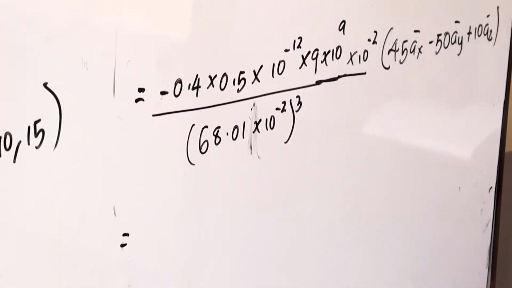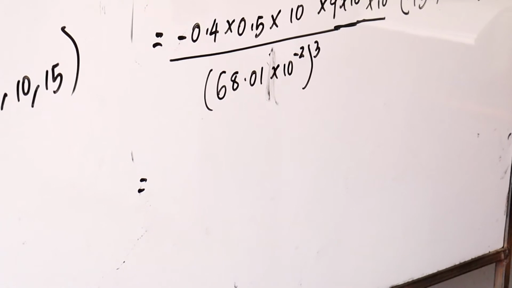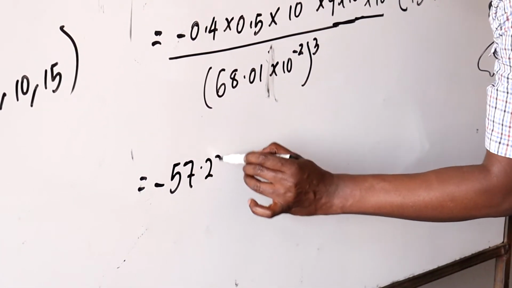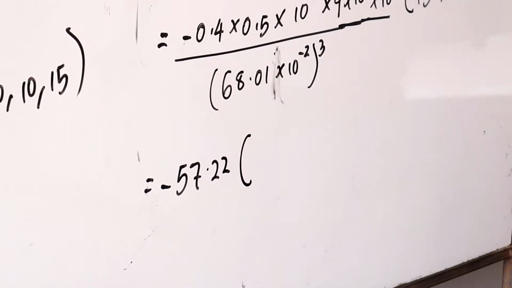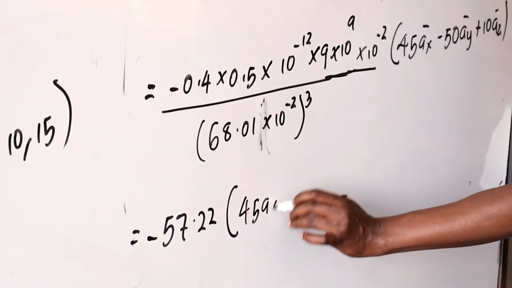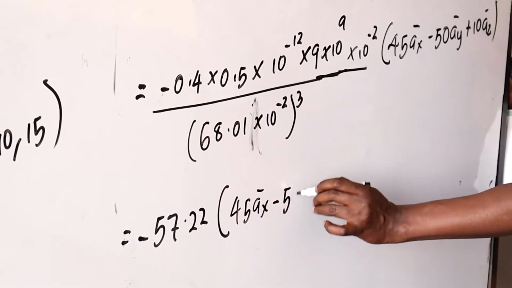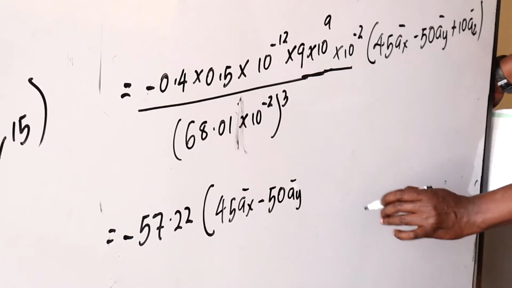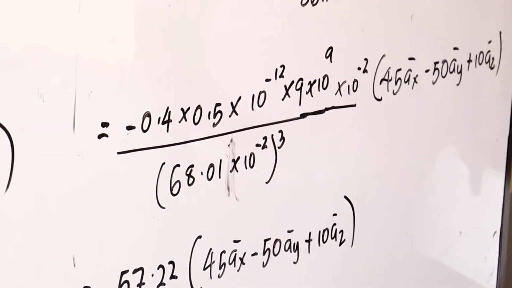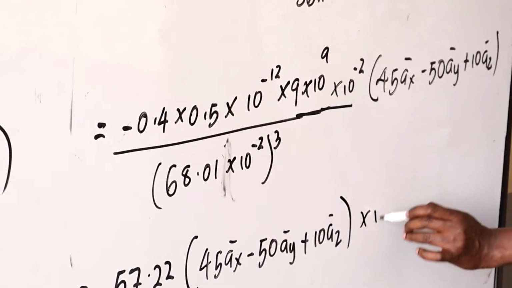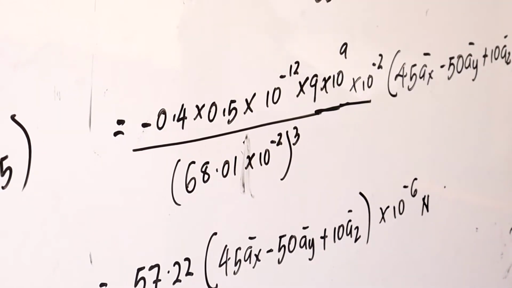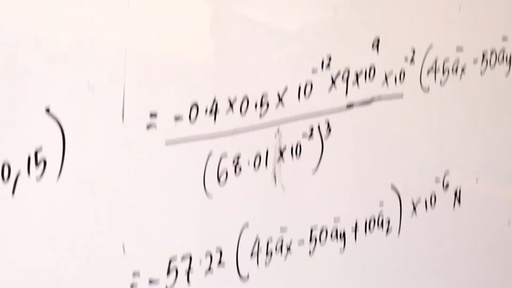This will translate into minus 57.22 into 45 ax minus 50 ay plus 10 az times 10 to power negative 6 newtons.